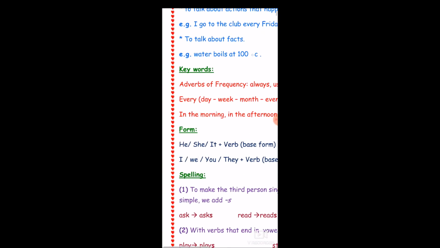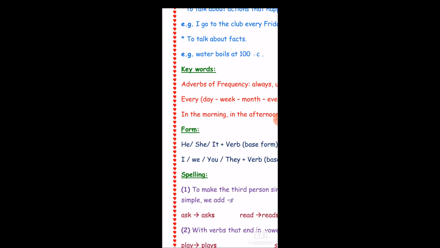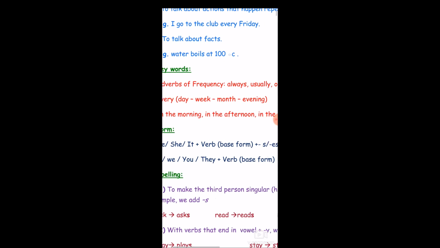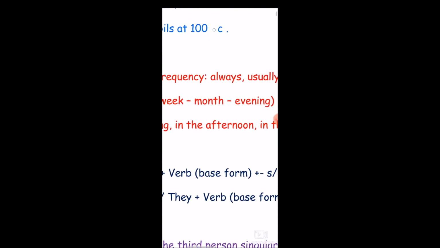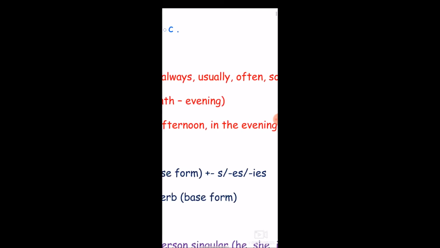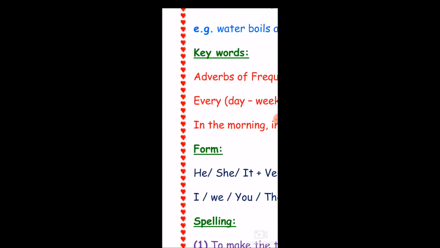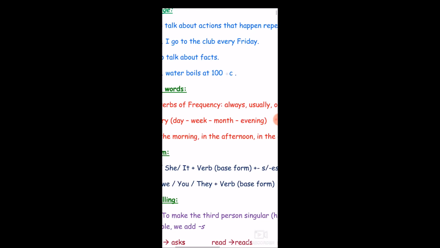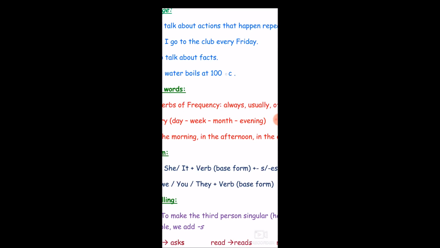What about the keywords? The keywords or time expressions that, if I find them in a sentence, I should use the present simple form. We use the adverbs of frequency like always, usually, often, sometimes, never, every day, every week, every month, every evening, every year, every summer, and so on.